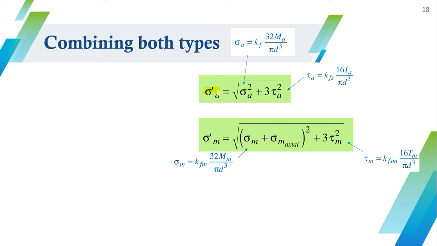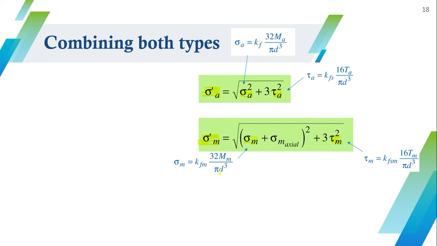And we know that inside we have the alternating component of bending stress and shear stress, and then the mean component of bending stress and shear stress.